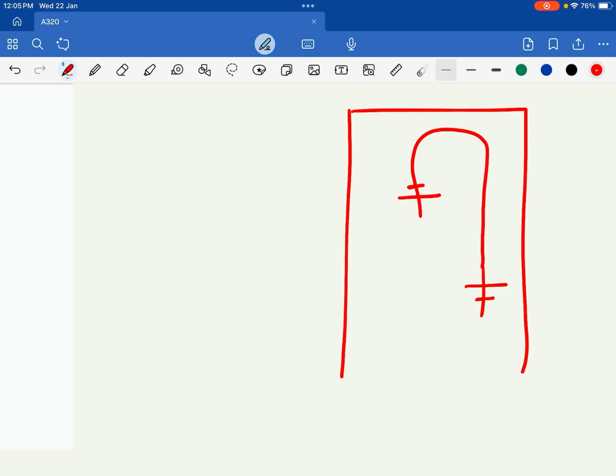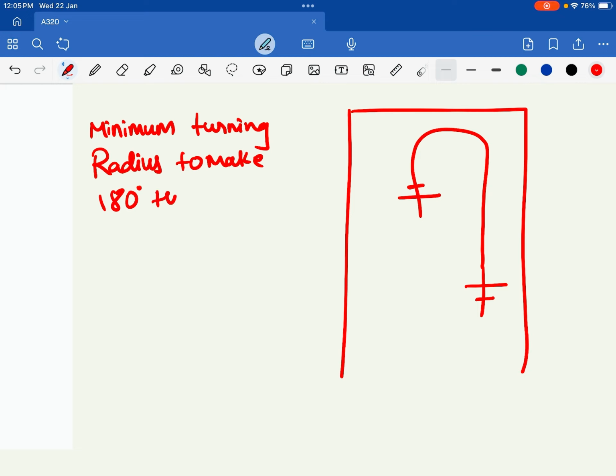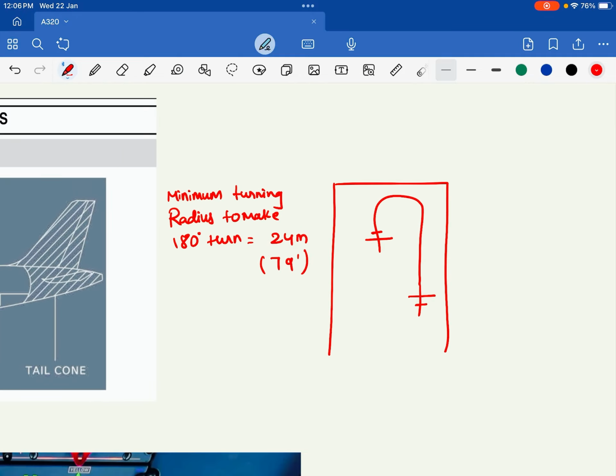The minimum turning radius for making a 180-degree turn is 24 meters or 79 feet. So this is important to remember.